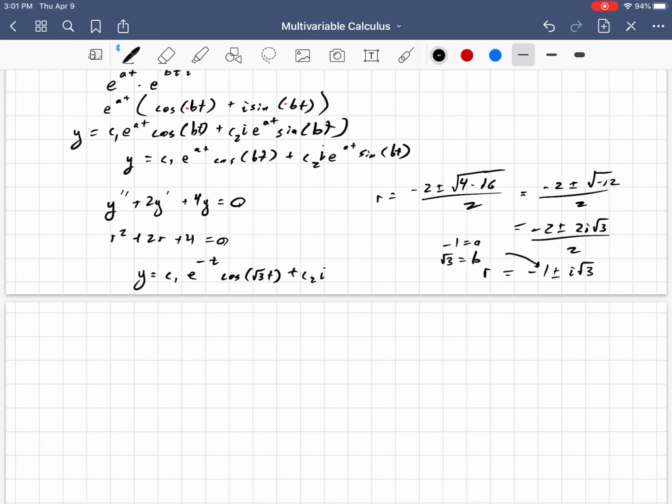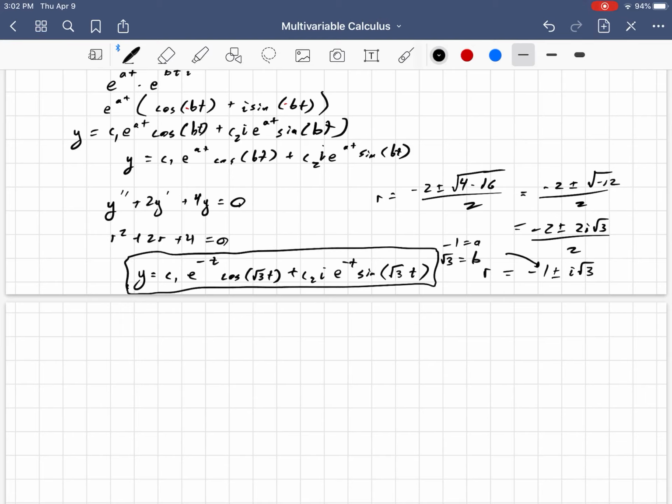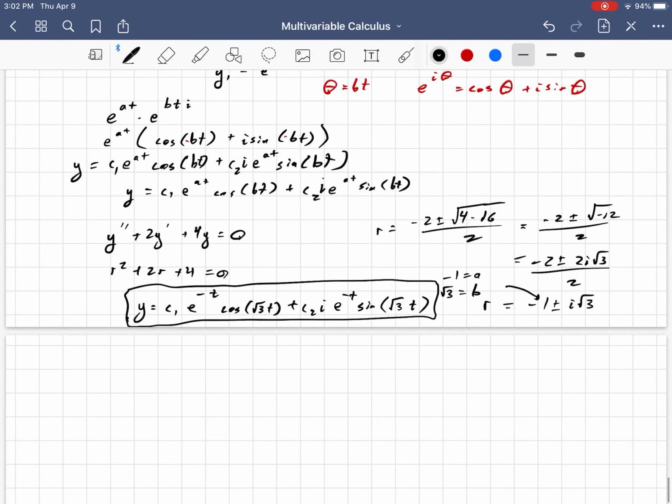There's no radical under the t, just under the 3. Plus c sub 2 i e to the negative t times the sine of the square root of 3 times t. And that is the general solution to that differential equation.